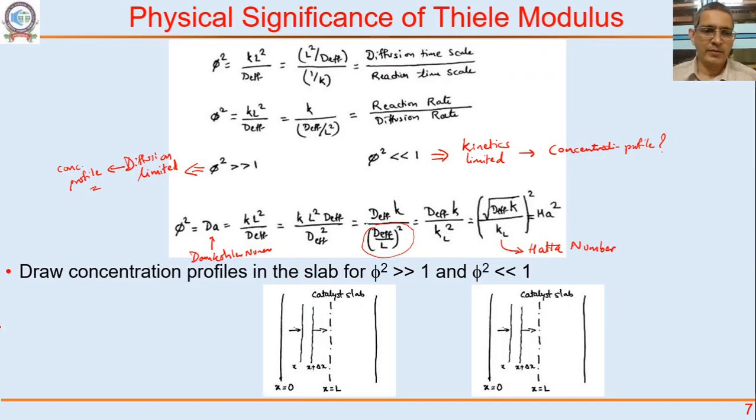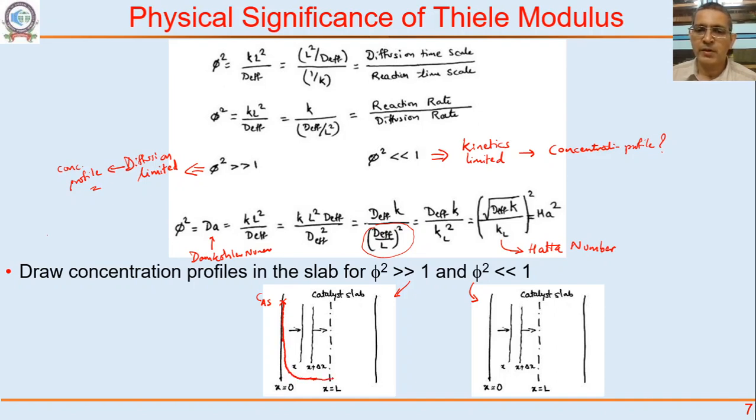Let me just draw for you. Phi square far greater than 1 means diffusion is slow. That means if this is our Ca bar equal to 1 or CAS, by the time it diffuses, it reacts. That means rate of reaction is so fast that it diffuses slowly but reacts very fast.